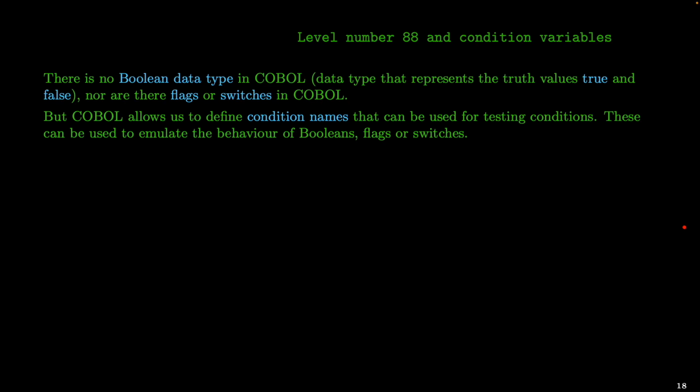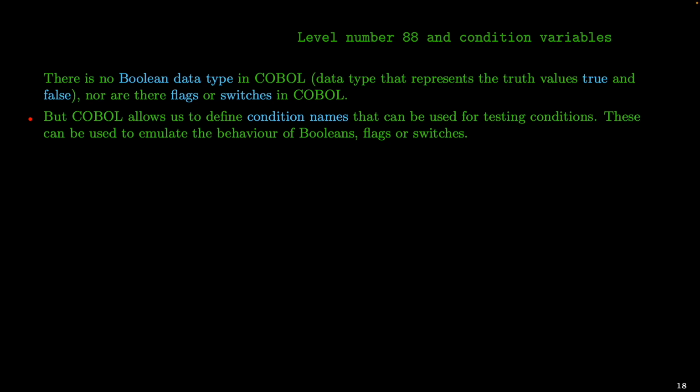Next, we want to explore the level number 88 and condition variables. Now, this is a little bit complicated maybe to understand, but let me motivate it by saying that there are no Boolean data types in COBOL, so no data type that would represent true and false, and there are no flags or switches in COBOL.